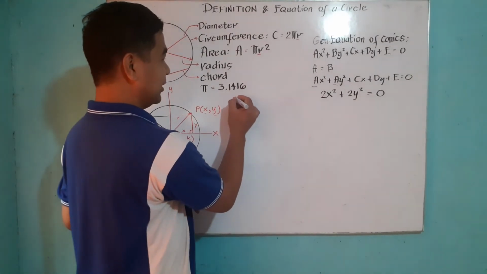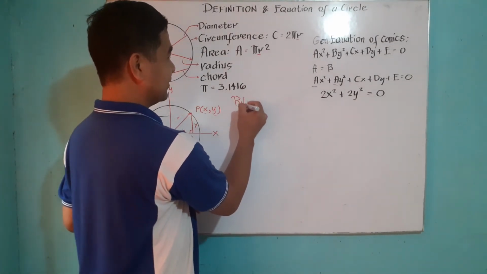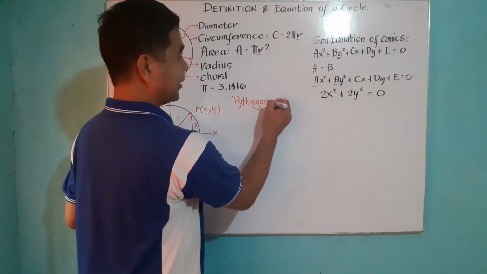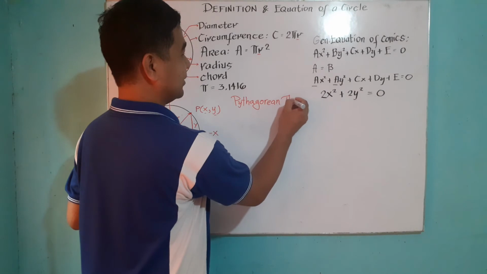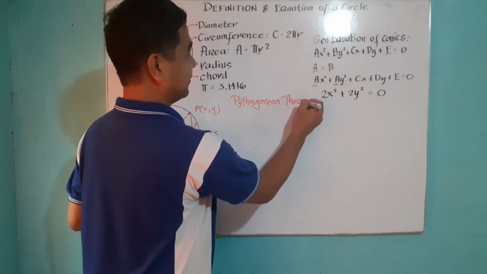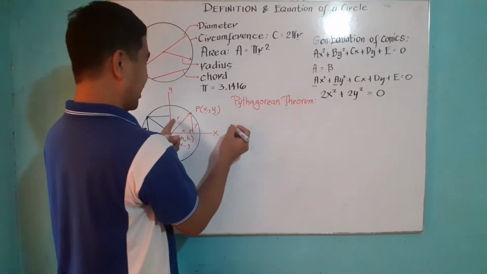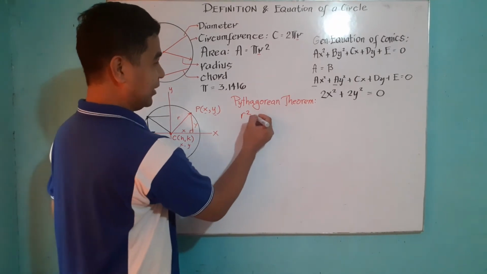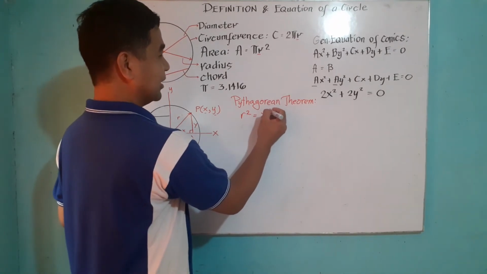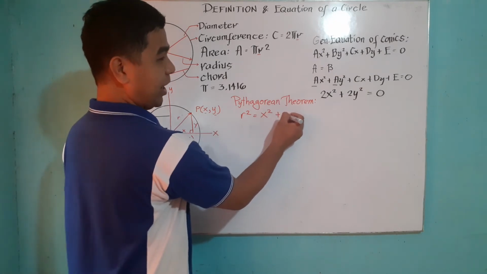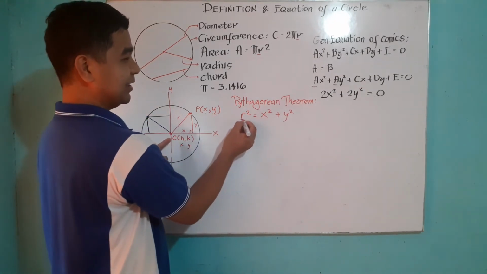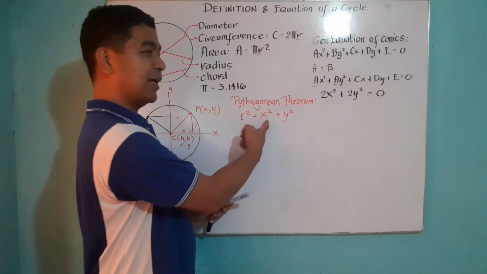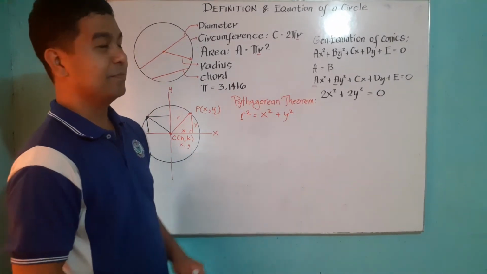We have r squared equivalent to x squared plus y squared. The r here is the hypotenuse, the x squared is the horizontal side, and the y squared is the vertical side.